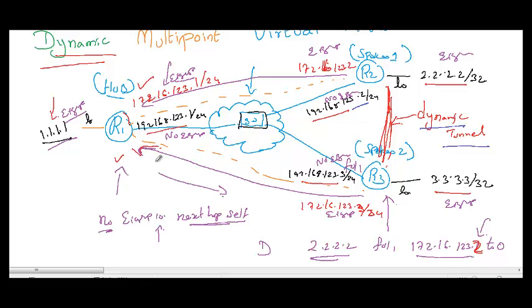So without changing, it can send the update to R3. Now R3 knows the actual destination to reach 2222. Now using the GRE tunnel, it can reach this destination, delivering this traffic through the Tunnel 0 interface.